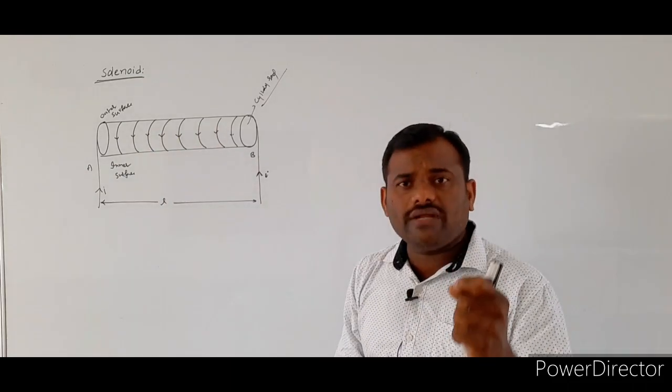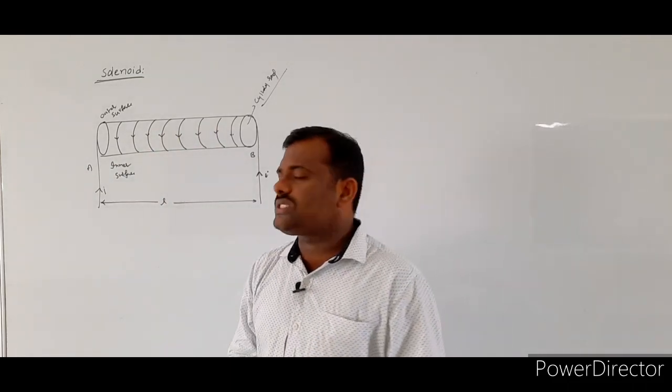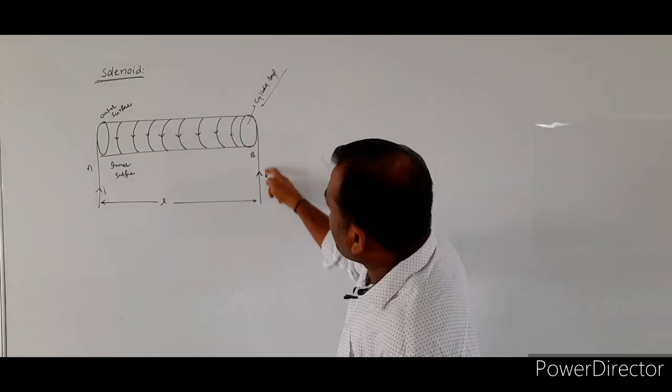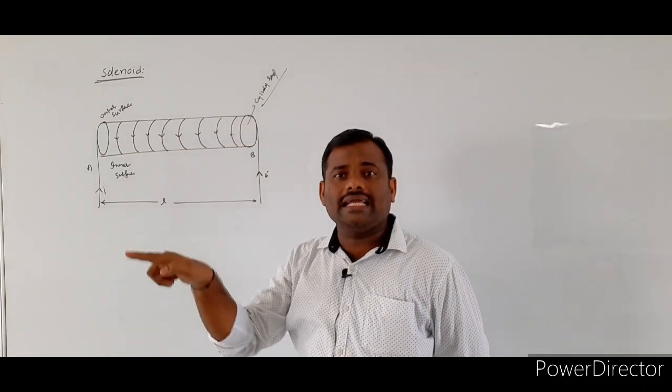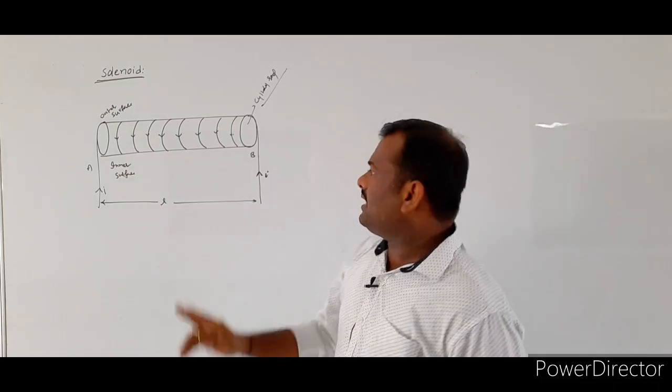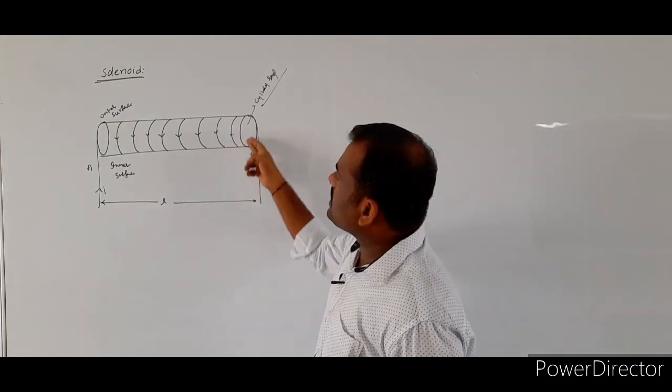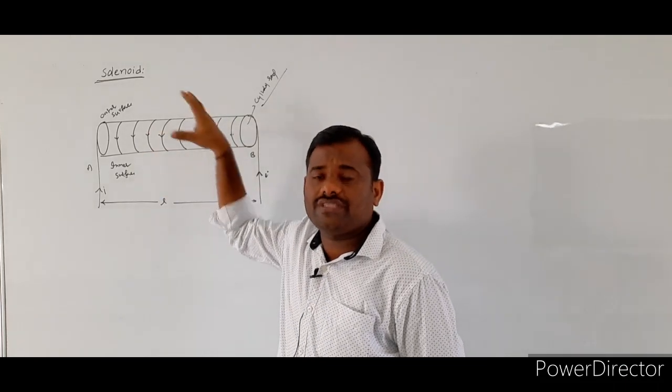And one more point we have to remember in the case of the solenoid is, here we assumed that a conducting wire which is carrying a current of I was wound into so many number of turns.